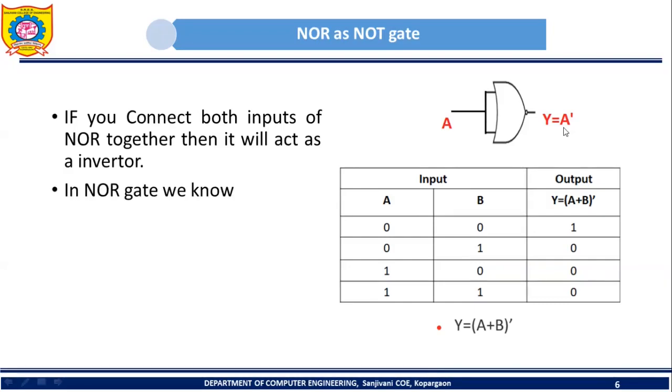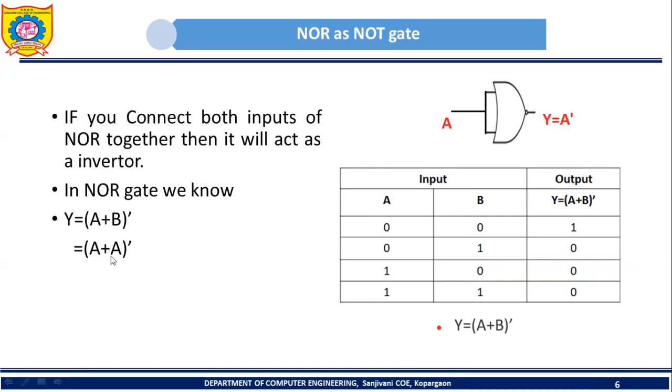So in case of NOR gate, we know that y is equal to (a or b) whole prime. Okay, so already we know this particular expression for NOR gate. Right now, in this case, what we did, we connected both inputs of NOR gate together. So can I say that both input of NOR gate are A? Yes. So here we have to replace this B by A. So see, we can have expression like y is equal to (a plus a) whole prime.